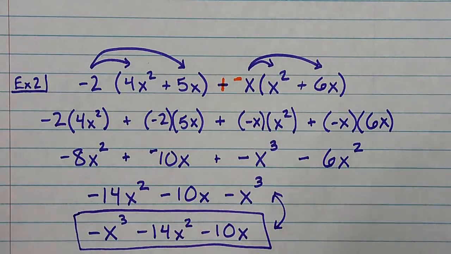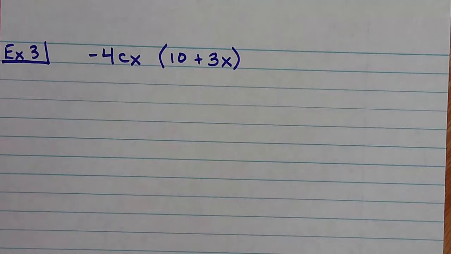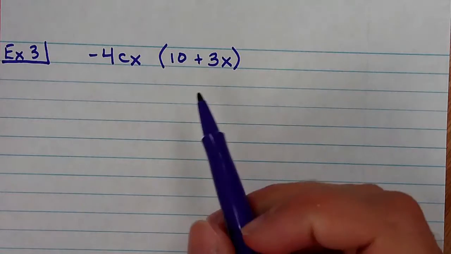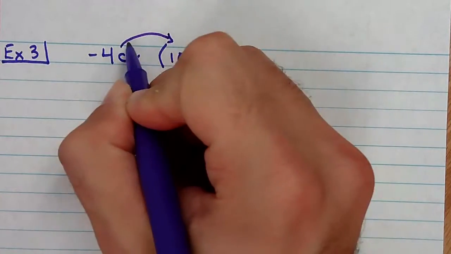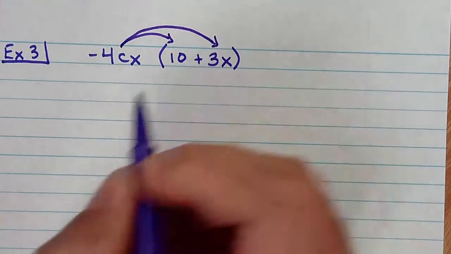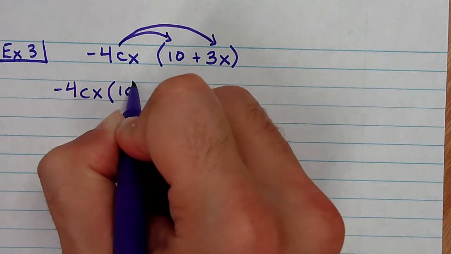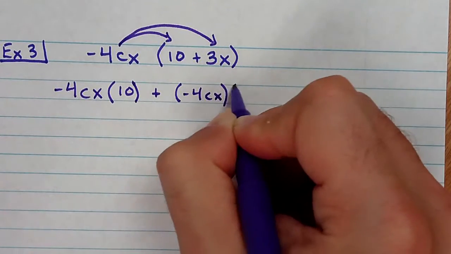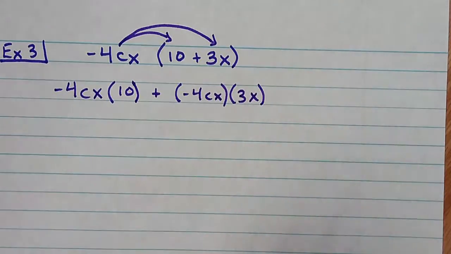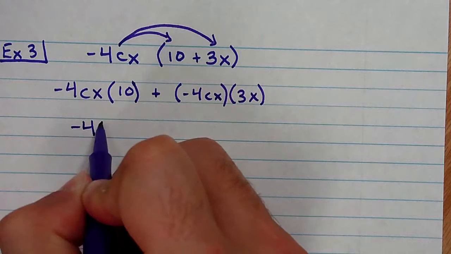All right, let's look at another example. Negative 4 times c times x, so that monomial times my polynomial 10 plus 3x. I'm going to distribute. So I have negative 4cx times 10 plus negative 4cx times 3x. Negative 4 times 10 is negative 40.